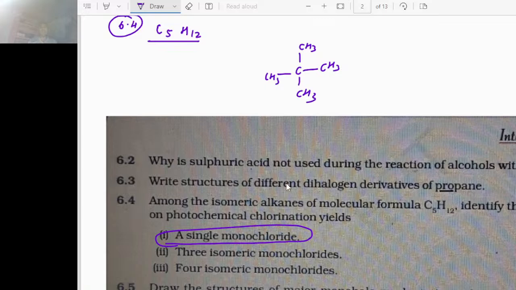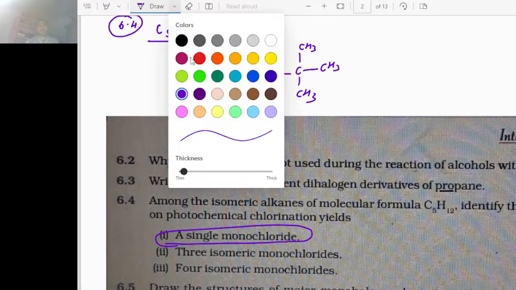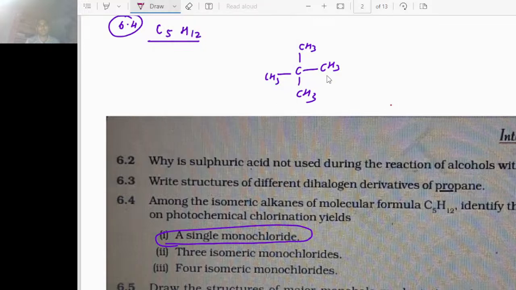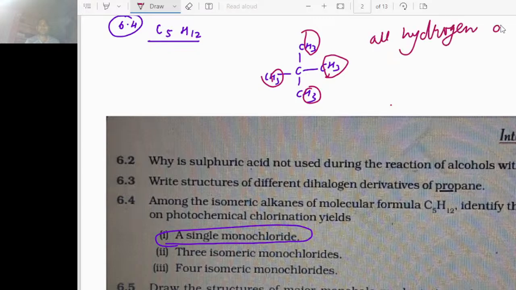Whether you talk about this hydrogen, 3 hydrogen, or 3 hydrogen, all hydrogens are identical.